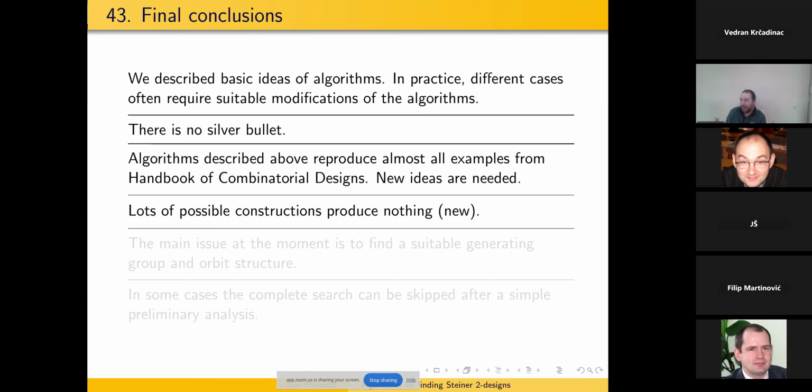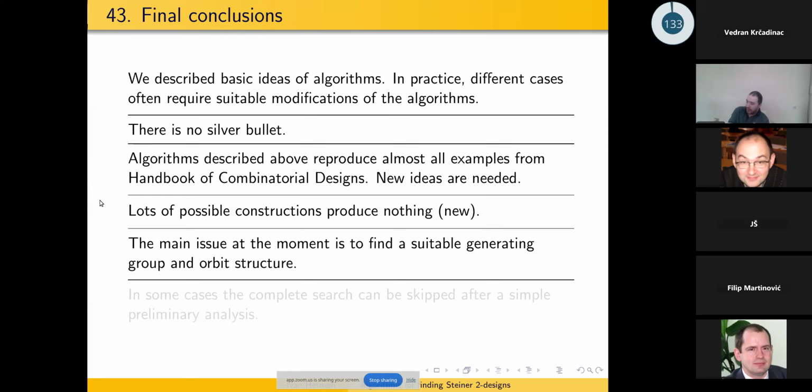And this result, actually, you can publish it: when you have such constructions, such groups, such orbits, and so on, you have nothing, but this is it. And for the results that I showed in the examples, there are, I suppose, maybe even 1,000 tried constructions which produce nothing or nothing new.